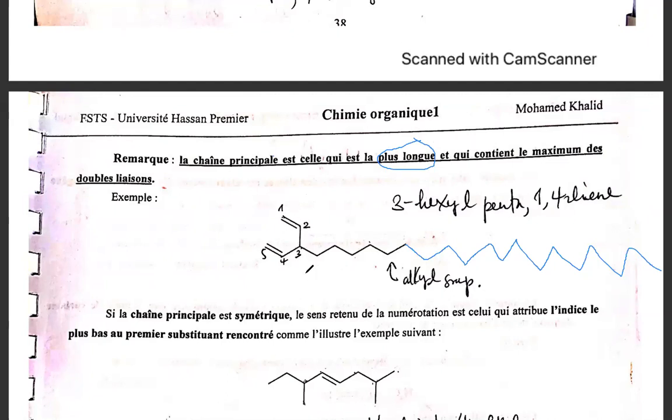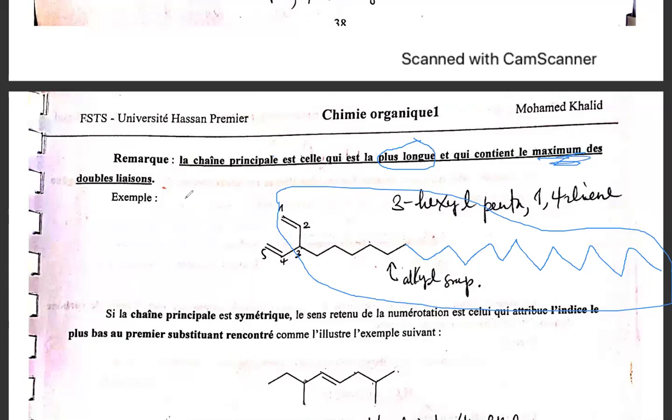That is, if there are two double liaisons, that becomes the chain principal. The chain principal must be the longest, and it should have two double liaisons. It must be long and have two double liaisons. So it means if we have this chain here that goes like that, this chain is the longest, yes, but it does not have the maximum double liaison.